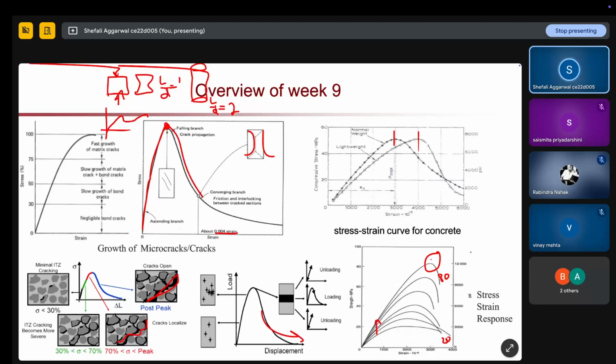Your peak is not very sharp, but when you compare it with the higher strength concrete, you will have a higher linear region. Your elastic modulus will be higher, but your peak will be very sharp and you will have a sharper descent also. So after the crack it will suddenly decrease, but in the lower strength case after the crack it will go linearly.